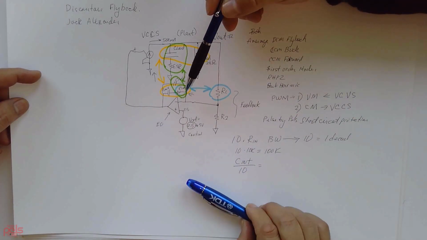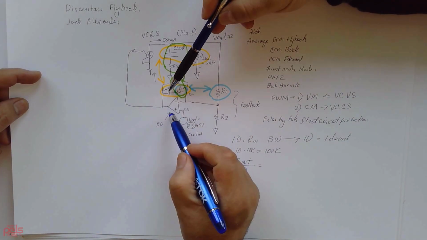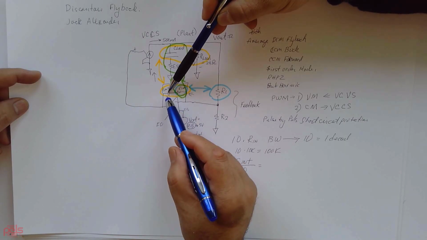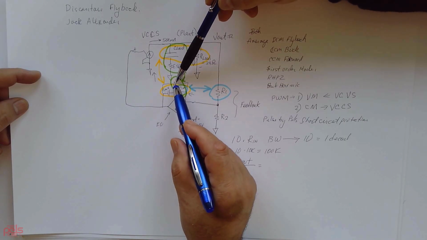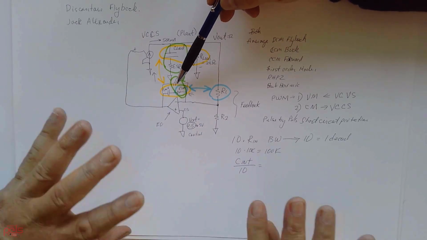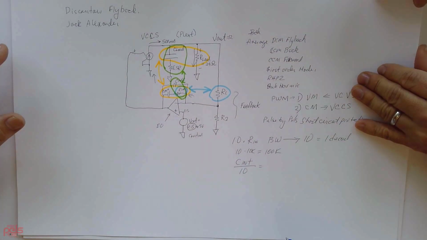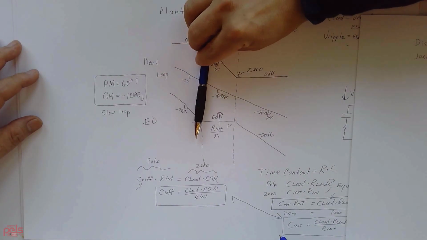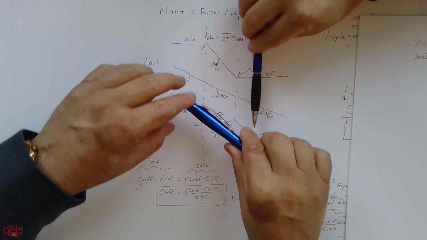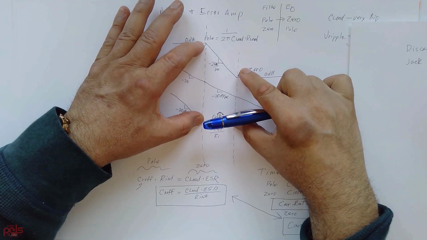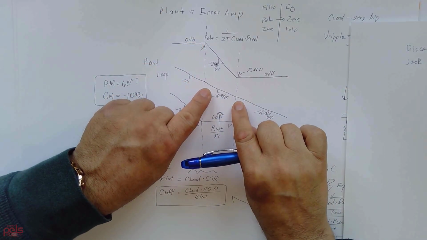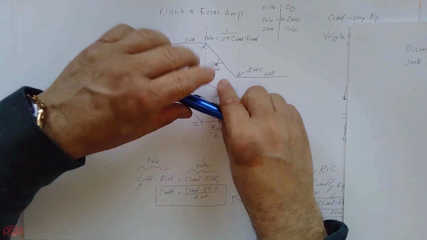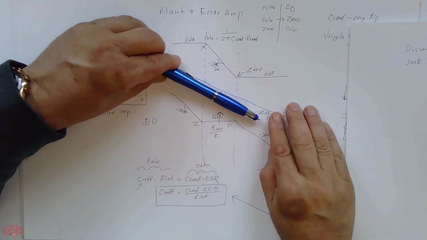Let me see if I understood that right. I multiply this by 10, divide this by 10, and I also divide the roll off by 10. It shifts everything, so this whole graph shifts over. All of these stay the same, but the bandwidth comes up.